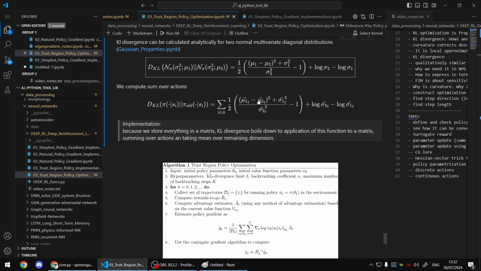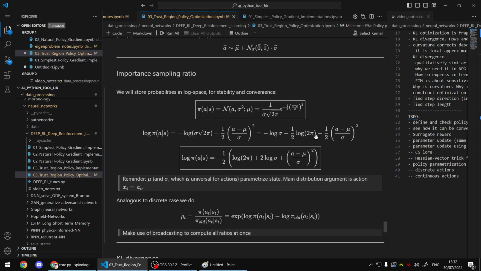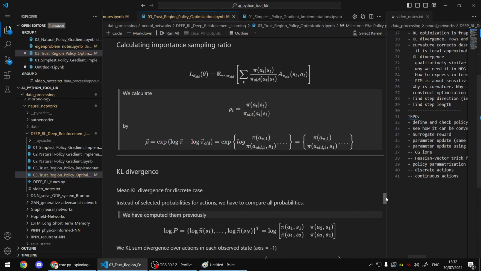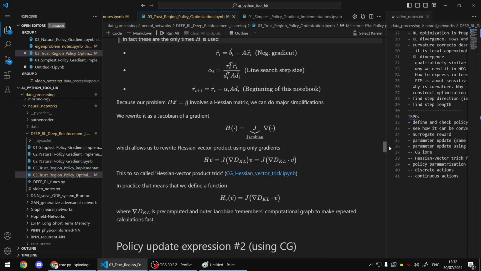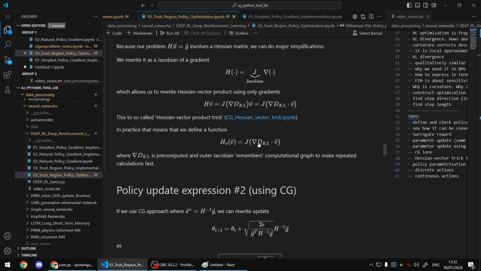Let's think. We have the KL divergence. Why did we need KL divergence? We needed KL divergence because we wanted to calculate the conjugate gradient.